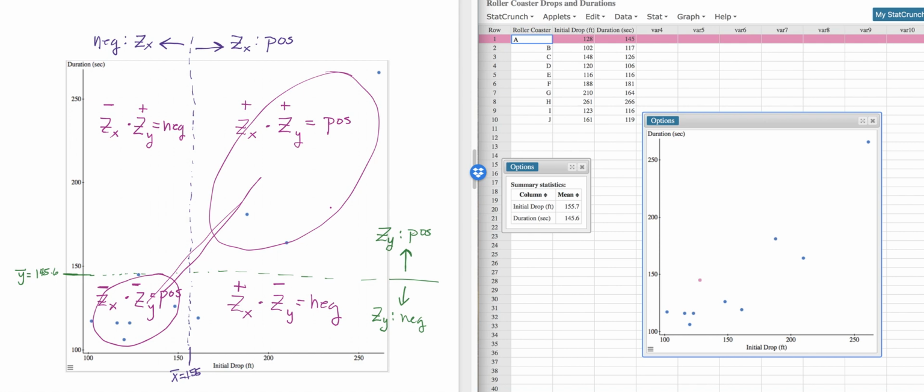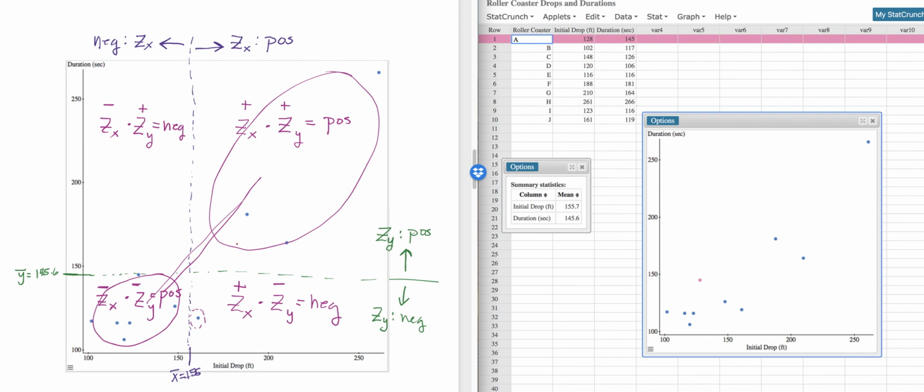Notice that's what's happening here for our roller coaster, right? Lots of points down here, some points up here. There is this one point over here that's going to have a negative product of these z-scores. But by the time we add all these products together, we're overwhelmingly going to get a positive value.